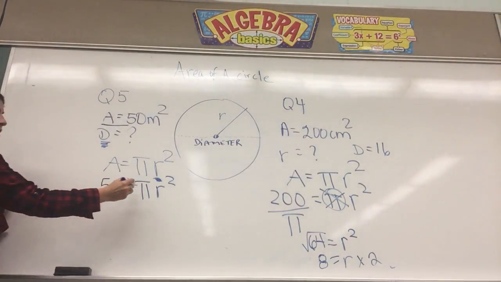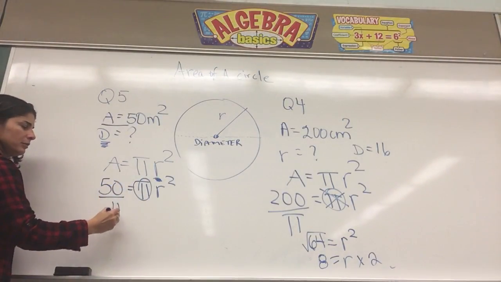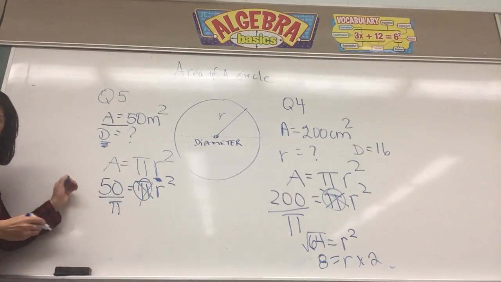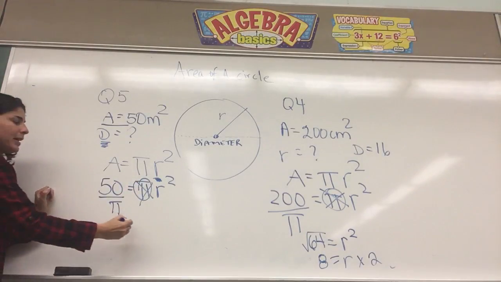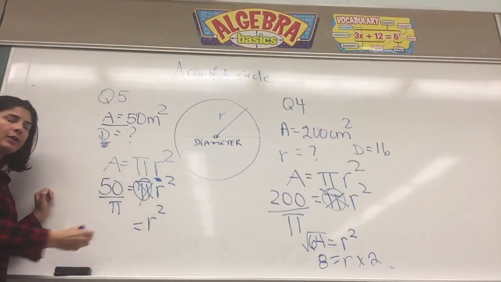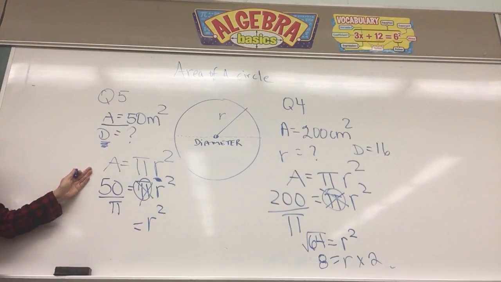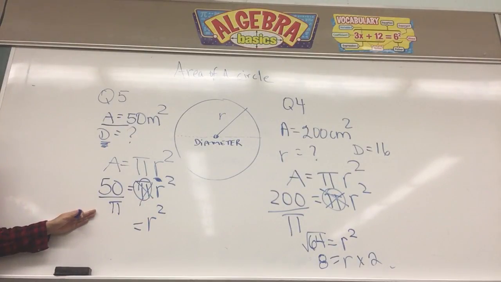So I'm going to divide by pi. Do you understand that I removed it by division? Yeah. And now I left myself with r squared. So what's 50 divided by pi?